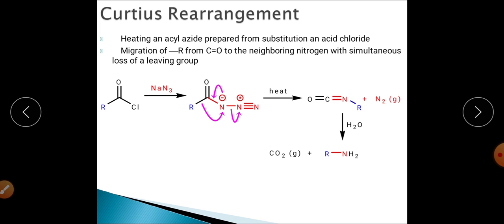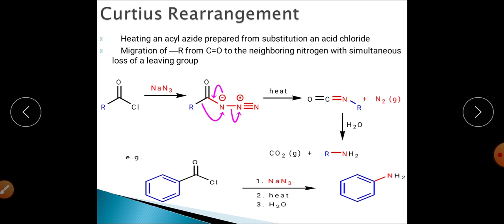Acid chloride on reaction with sodium azide will get converted into acyl azide, and acyl azide on heating will get converted into isocyanate, and this isocyanate on reaction with water will get converted into RNH2. Again, the mechanism in this case is intramolecular in nature and commences with the formation of the isocyanate, which on reaction with a water molecule gets converted into the amine.